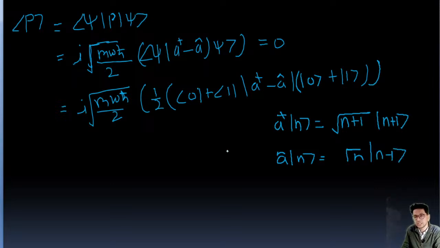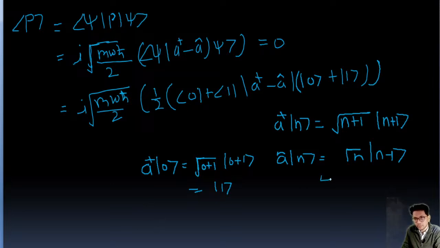This we know, right? So similarly, if you operate a dagger with 0, this value is going to give 1, because it's going to be 0 plus 1 state. The root 1 is 1, so 1, right?